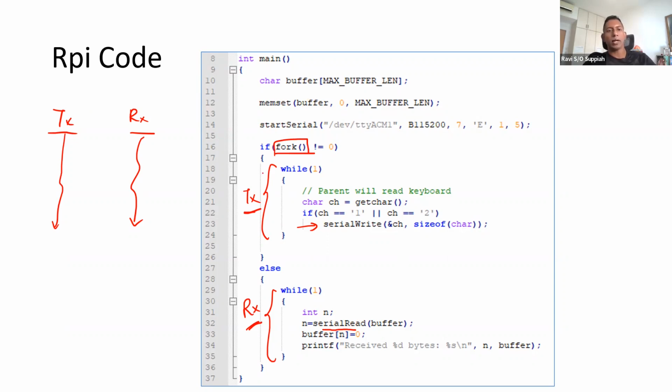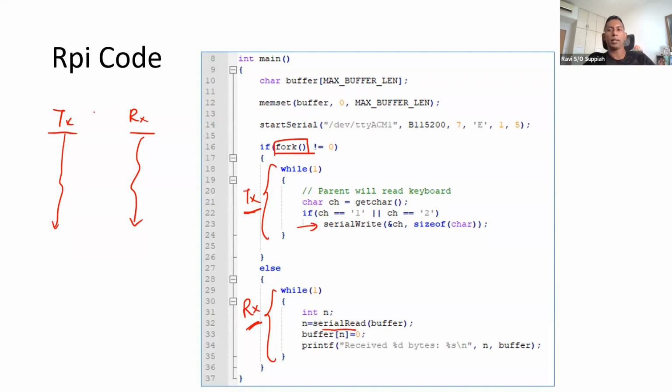For now, just take it that in your Rpi, because we are running a multi-threaded OS, we can do fork and allow 2 tasks or 2 threads to run concurrently: one task to do transmit, one task to do receive. That is how the Rpi is managing it. Whereas on the Arduino, we still have a single threaded environment.